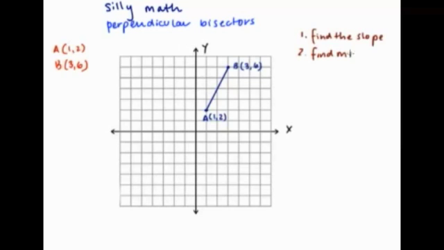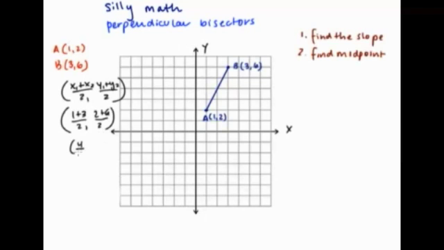Find midpoint of segment. How do you do that? Well, the midpoint formula, we know that it's x1 plus x2 over 2, comma, y1 plus y2 over 2. And that's a coordinate. So we can plug in these numbers. 1 plus 3 over 2, comma, 2 plus 6 over 2.